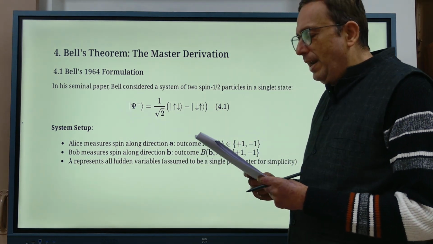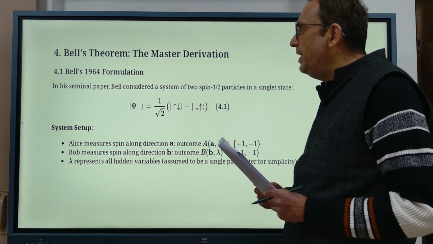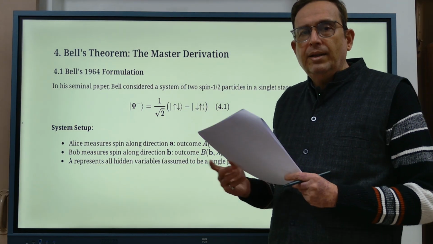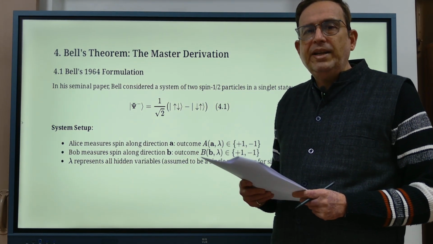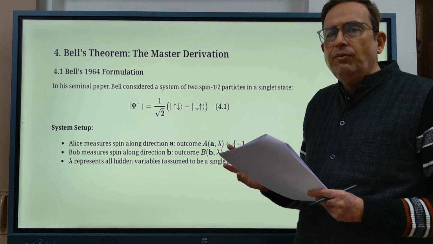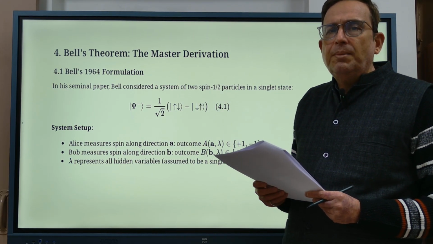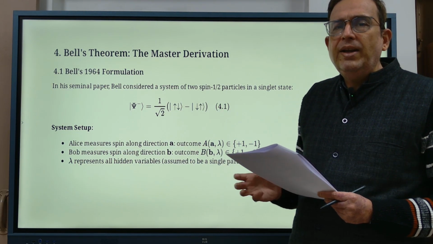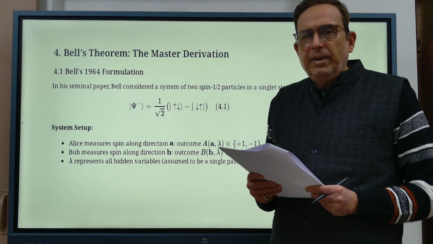So Bell in 1964 formulated a theorem, a sort of an inequality, based on certain assumptions related to the hidden variable nature of quantum mechanics.